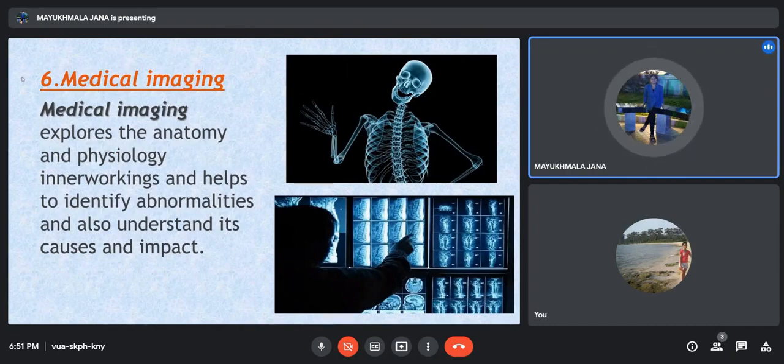As a discipline and in its widest sense, it is part of biological imaging and incorporates radiology, which uses the imaging technologies of X-ray radiography, magnetic resonance imaging, ultrasound, endoscopy, elastography, tactile imaging, thermography, medical photography, nuclear medicine functional imaging techniques as positron emission tomography, also known as PET, and single photon emission computed tomography, also known as SPECT.